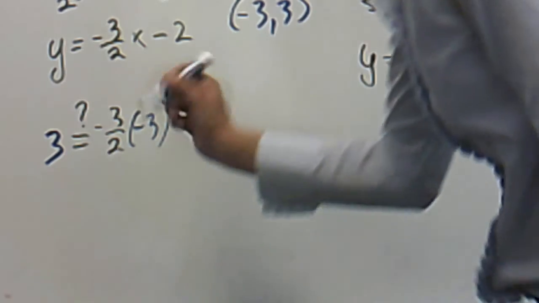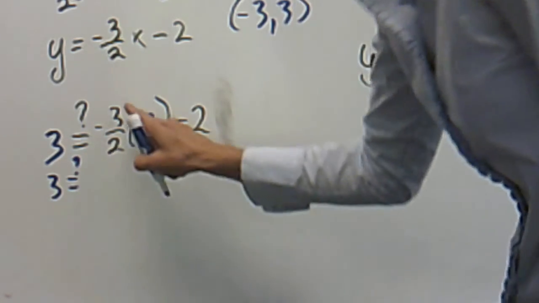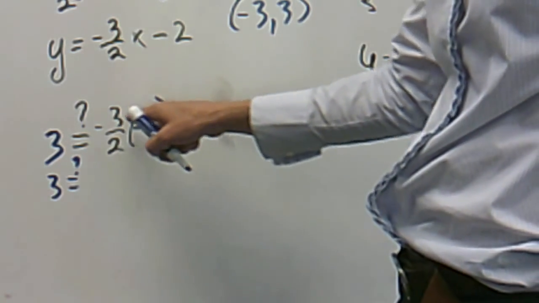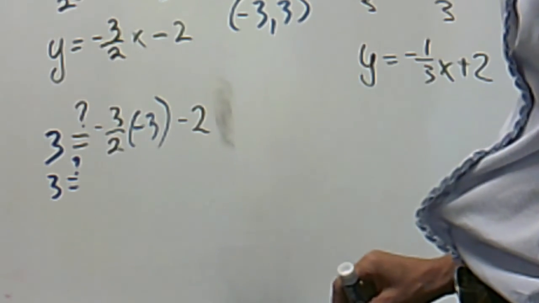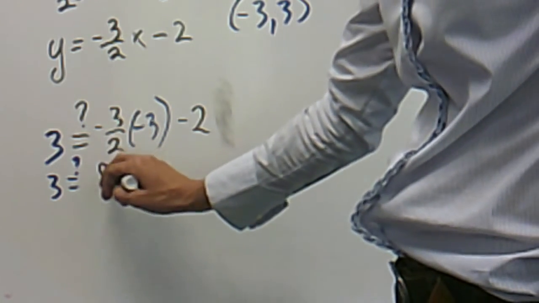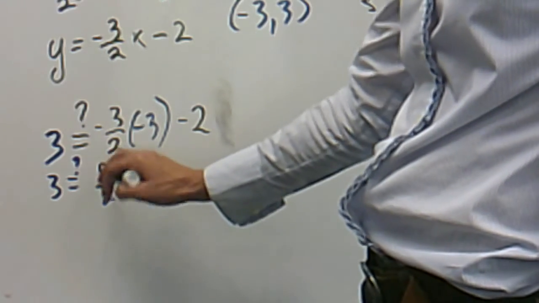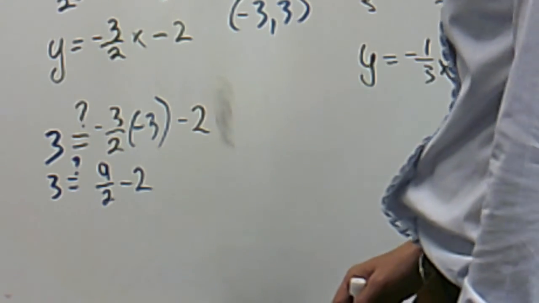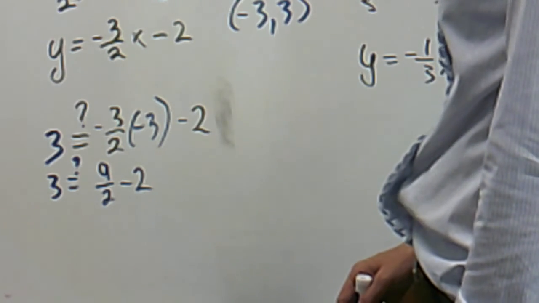So the question is, is 3 equal to negative 3 halves times 3? The negatives cancel each other out, okay? And we're going to get, ooh, this is not true. 9 over 2 minus 2. That can't be true, because we have a fraction.